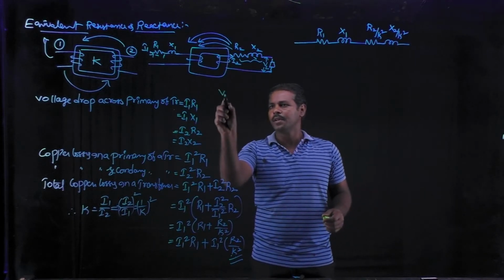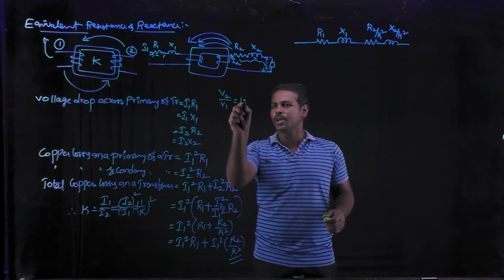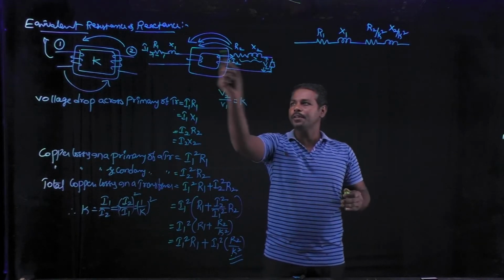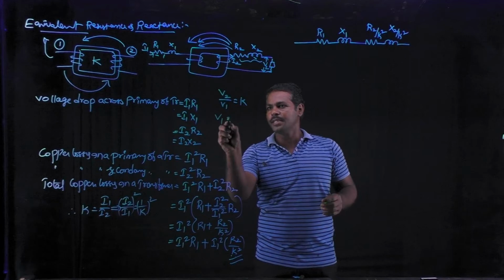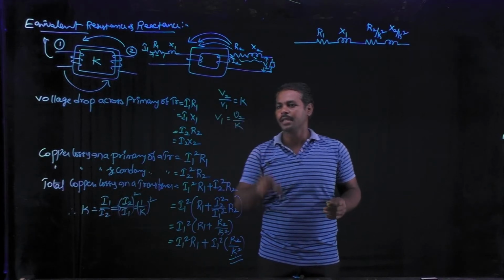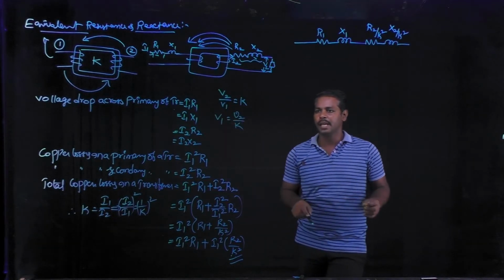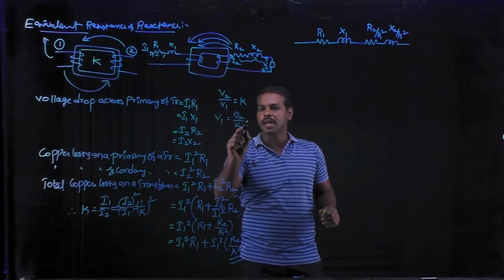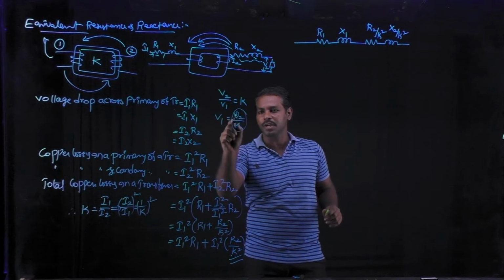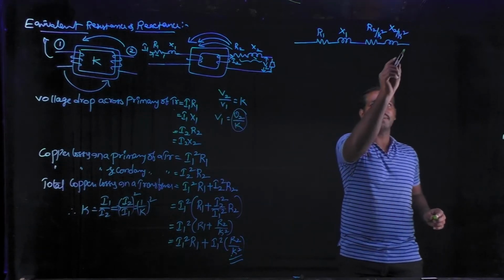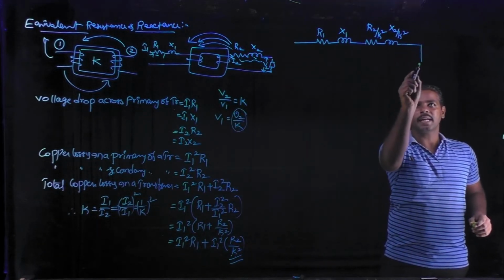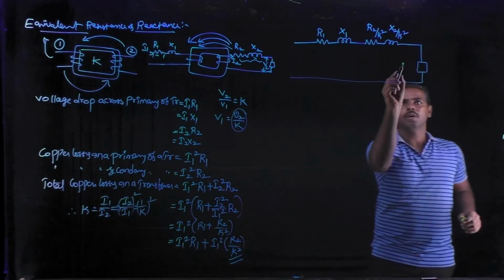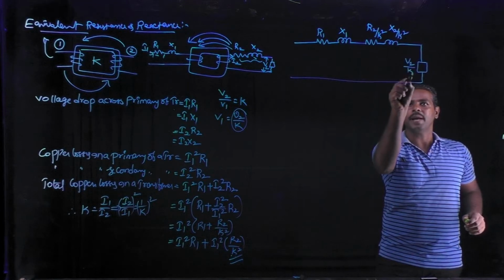V2 divided by V1 is equal to K, so V1 is equal to V2 divided by K. When V2 is referred to the primary side, that voltage is changed to V2 divided by K, which is connected across the load.